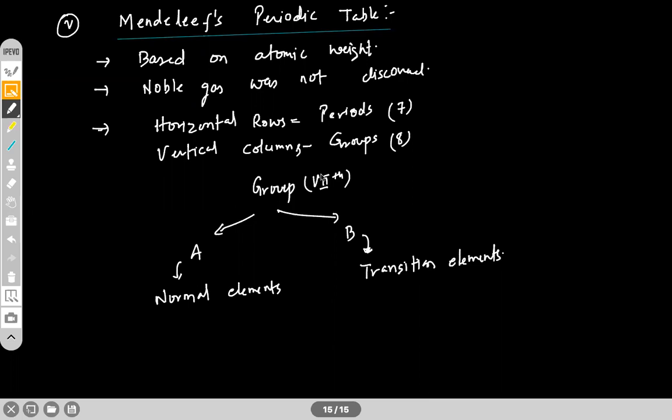From group 1 to group 7, not the 8th one, we have two subgroups, subgroup A and subgroup B. A are the normal elements and B the transition elements.